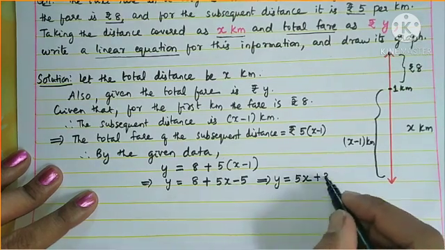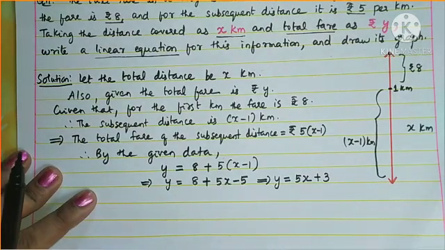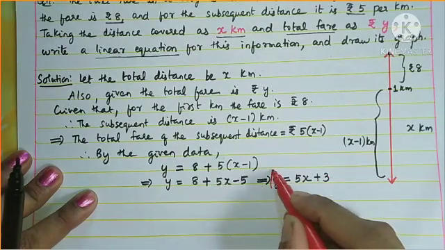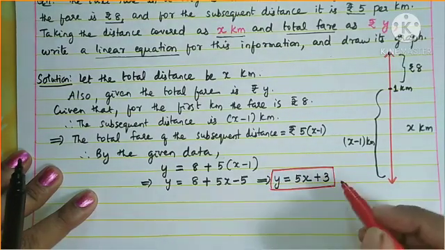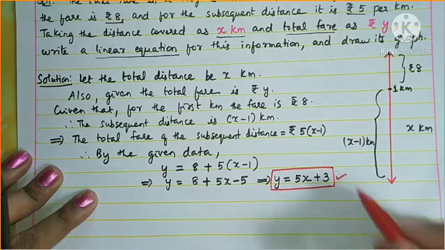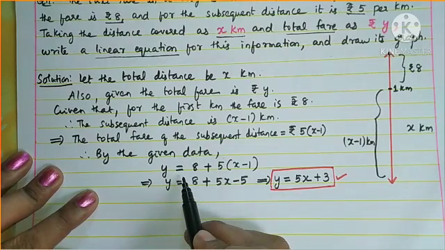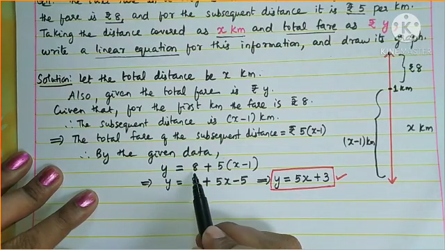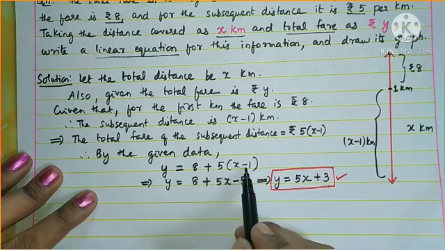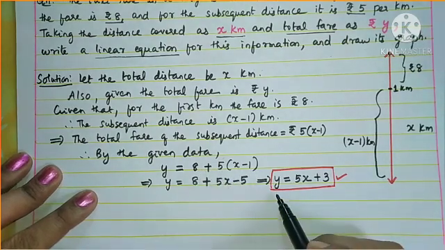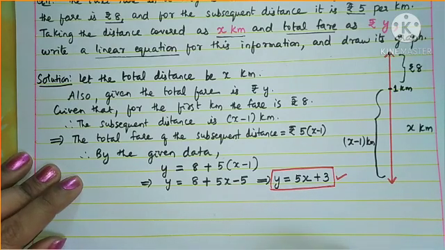So 5x plus 3. Okay. So this is the required linear equation for the given situation. So we got one part of our answer. Understood? So total fare is equal to the amount for the first kilometer plus the subsequent distance amount. Simplify that, you will get y equals 5x plus 3, our required linear equation.